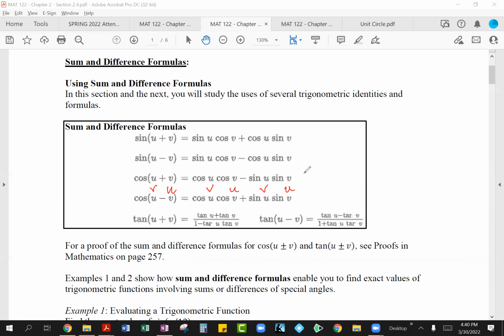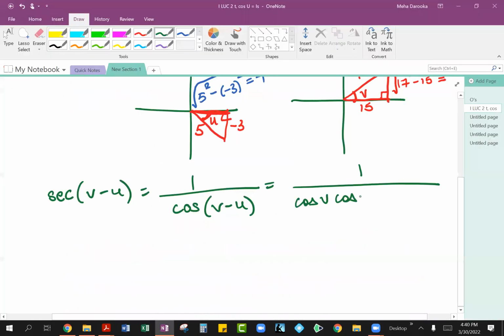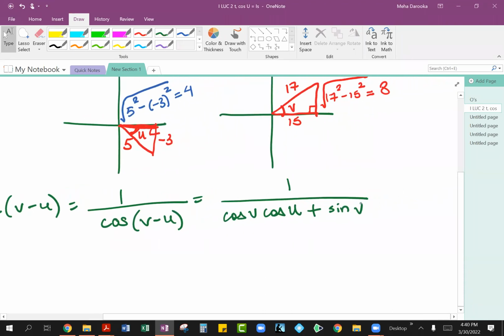Okay, so let's go ahead and write this down. This will then become cosine of v multiplied by cosine of u. Remember, with the cosine function, if it's minus here, then it's a plus sign here. And then this will be sine of v multiplied with sine of u.